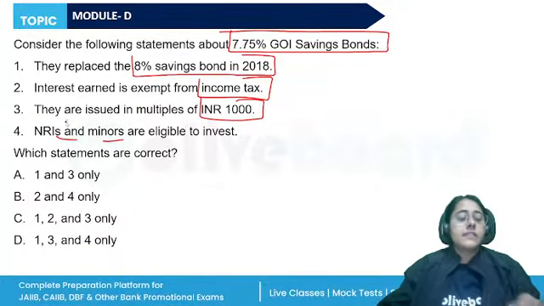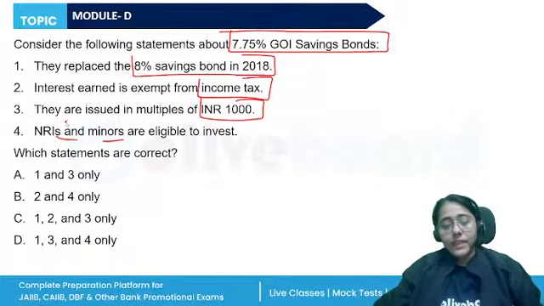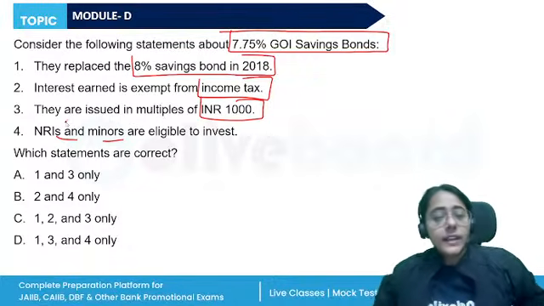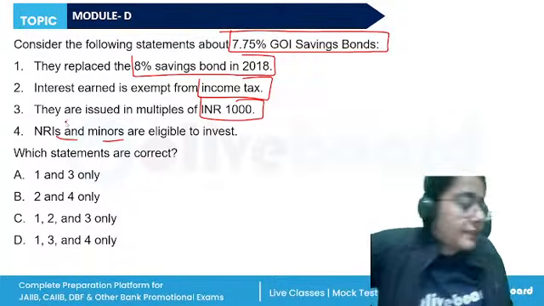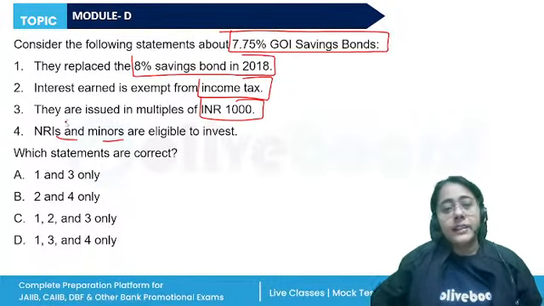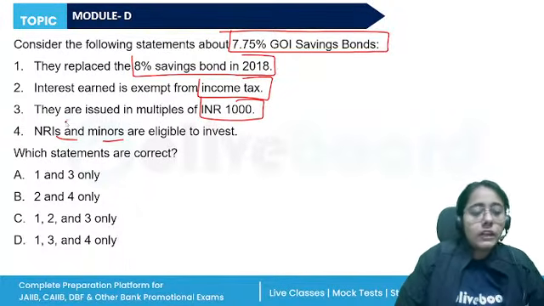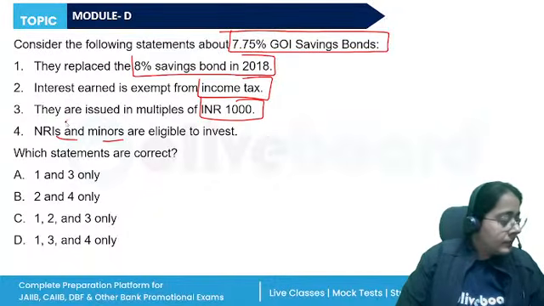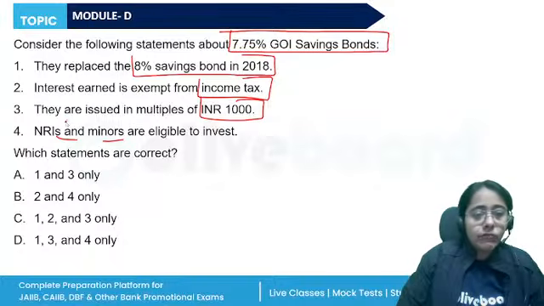NRIs and minors are eligible to invest. What is the correct answer about this Government of India savings bond? A, 1 and 3; B, 2 and 4; C, 1, 2 and 3; or D, 1, 3 and 4?